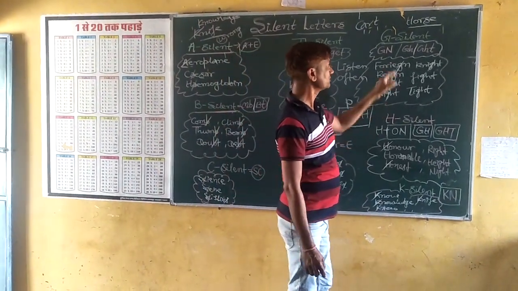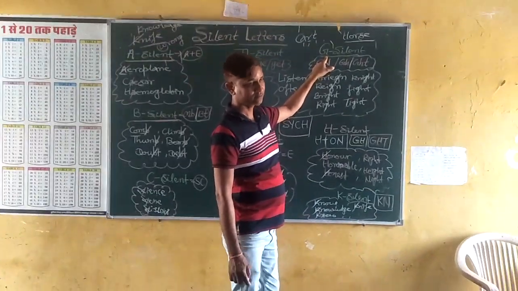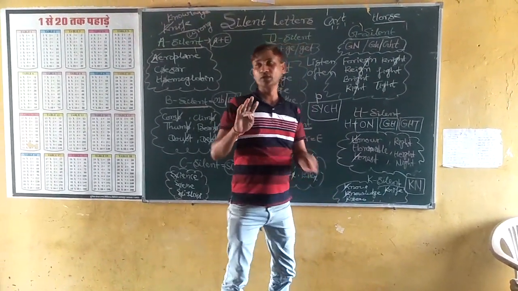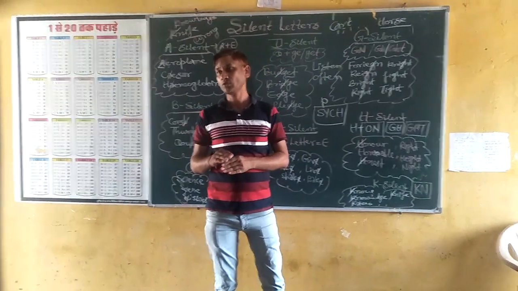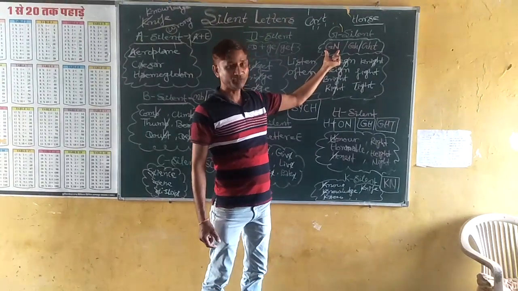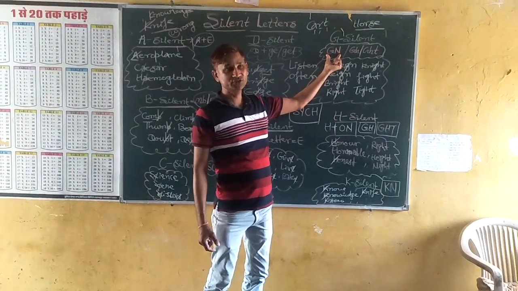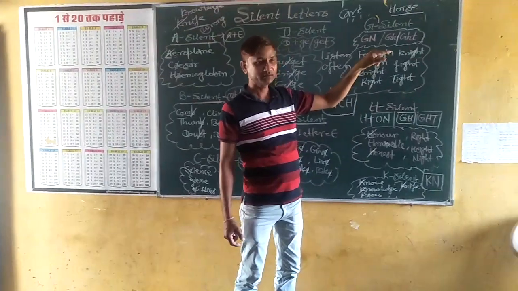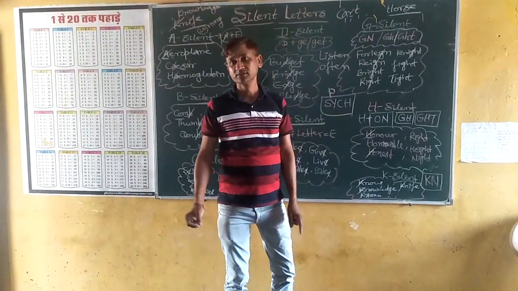Next silent letter is G silent. There are three conditions or three combinations of letters. When you find GN, it means you find G before N, then your letter G will be silent.